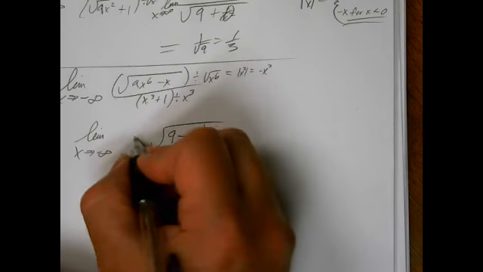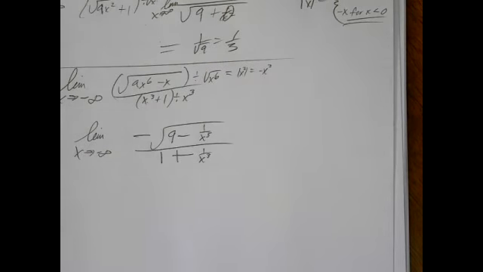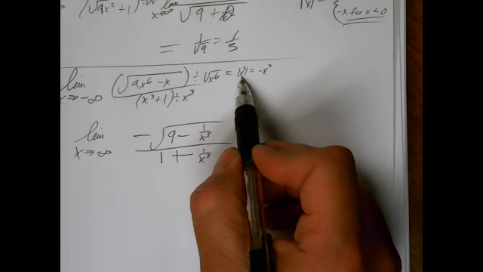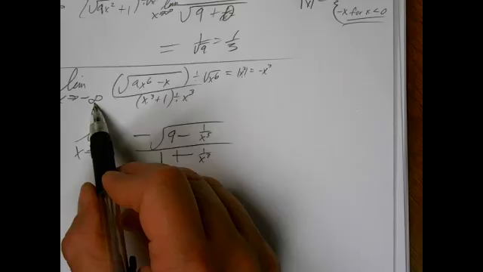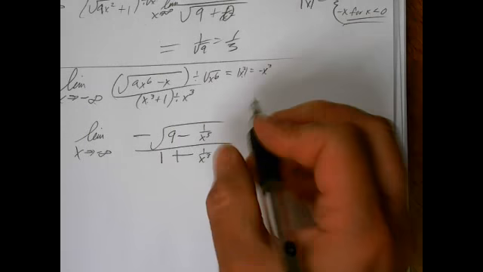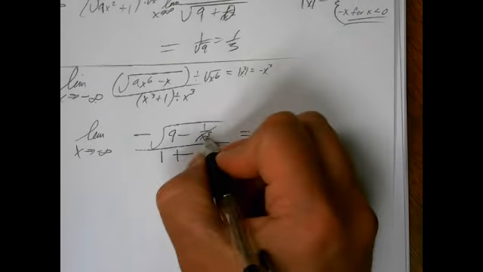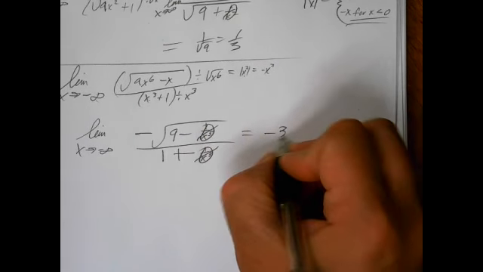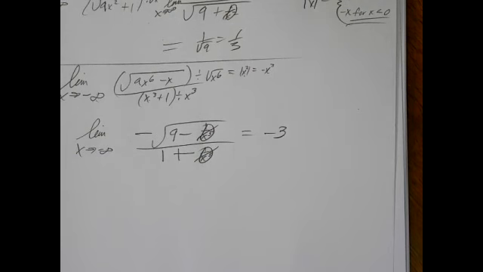So basically, you have to introduce a negative sign in front to account for the fact that you divided by an absolute value on the negative side of the x-axis. So what will happen is that'll go to 0, the square root of 9 is 3, and over a 1, and again, don't forget the negative sign. Okay, do not forget the negative sign. All right? So watch out for that negative sign.